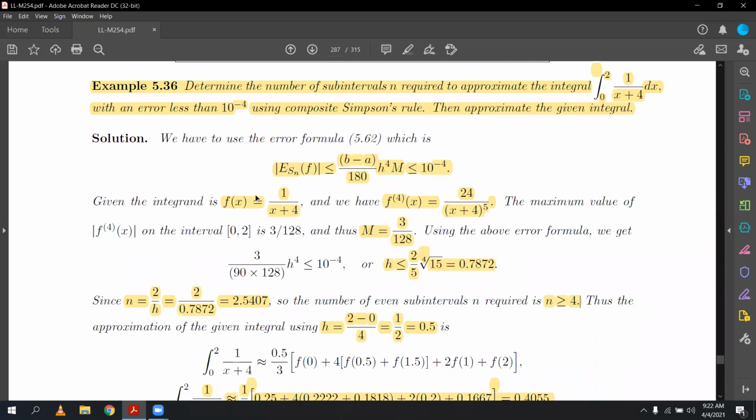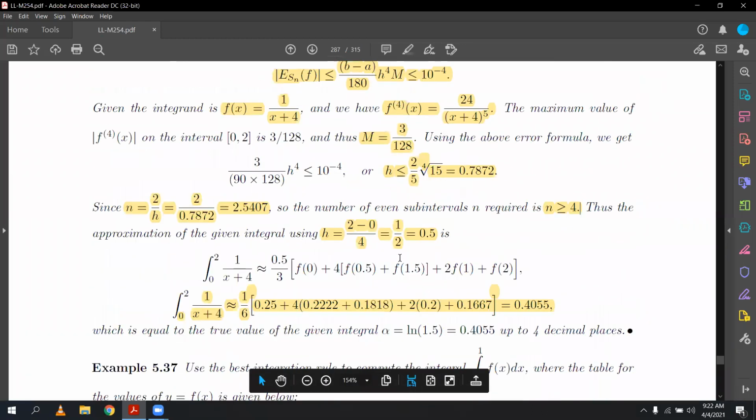So when n is equal to 4, h is equal to 0.5, and now you can easily have the points with spacing 0.5. So the first point is 0, second point is 0.5, third point is 1, fourth point is 1.5, and the fifth point is 2.